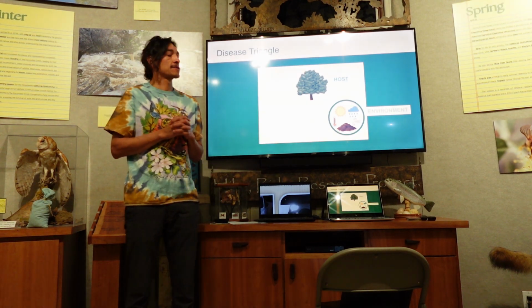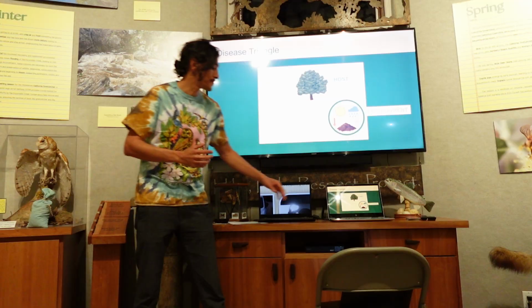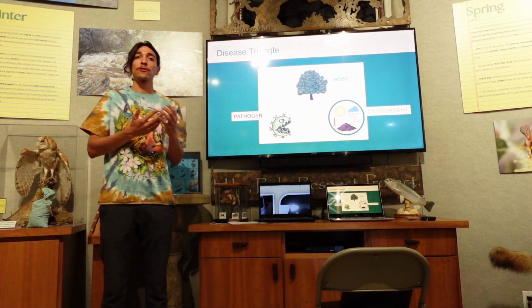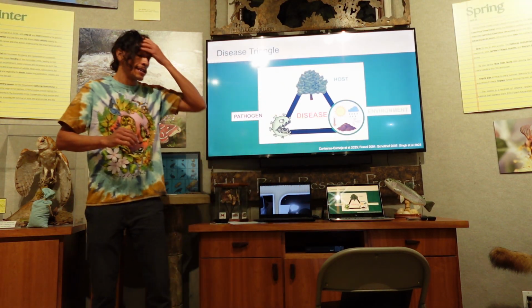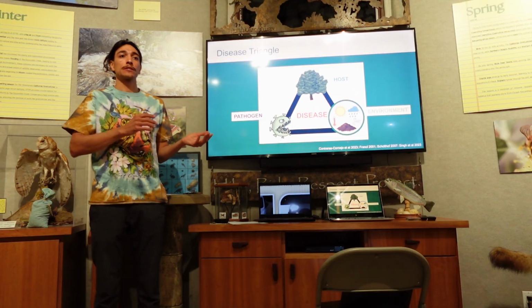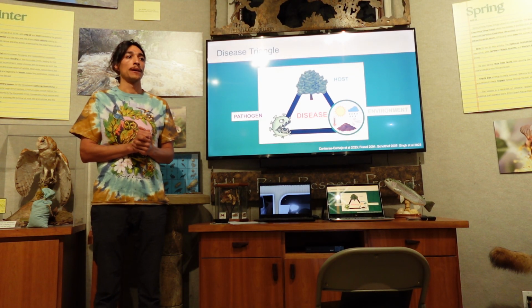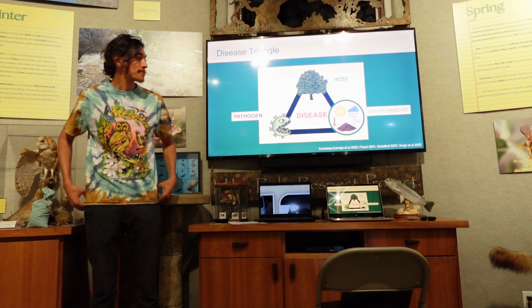And this tree lives within an environment under certain abiotic conditions. And in that environment, there might be harmful microbes called pathogens. So the interaction between these three components is what's known as the disease triangle, which is a framework that's used to help us explain and predict complex disease relationships.